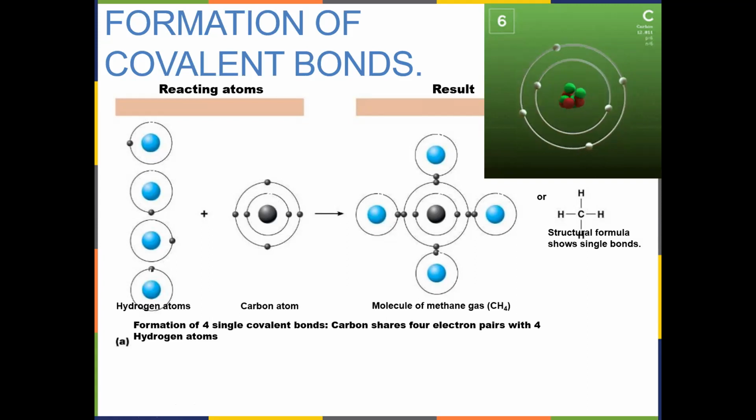We see hydrogen atoms on the left, and they're not blue, but they're hydrogen atoms because 1 proton, 1 electron, 1 proton, 1 electron, all the way down here. Each of these hydrogen atoms would love to have its valence shell filled if it forms a covalent bond with carbon.